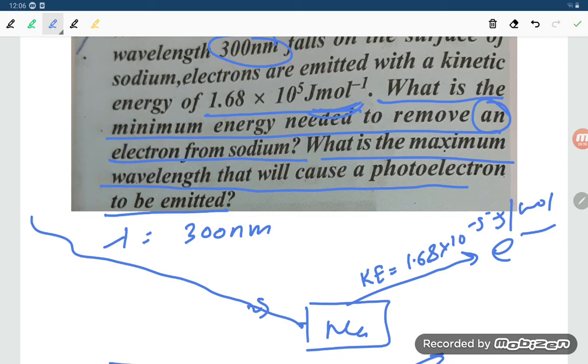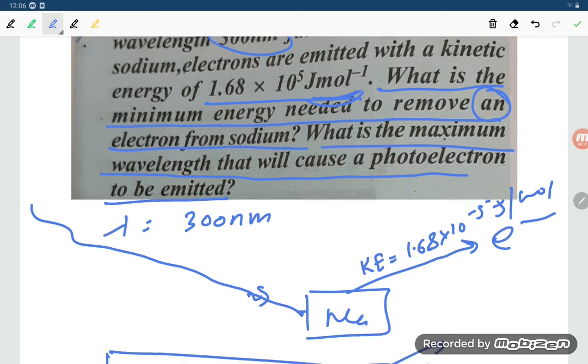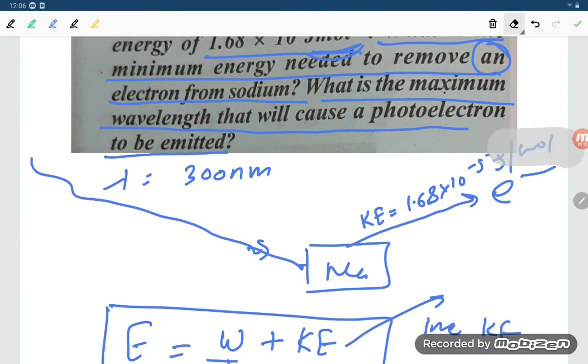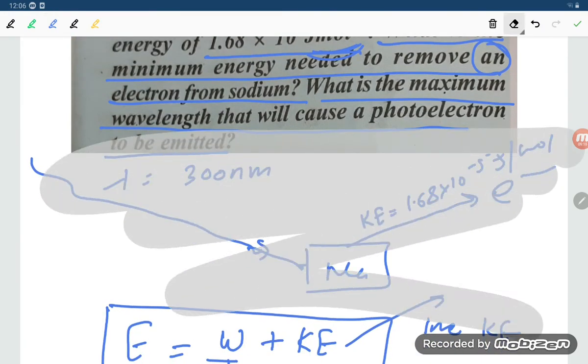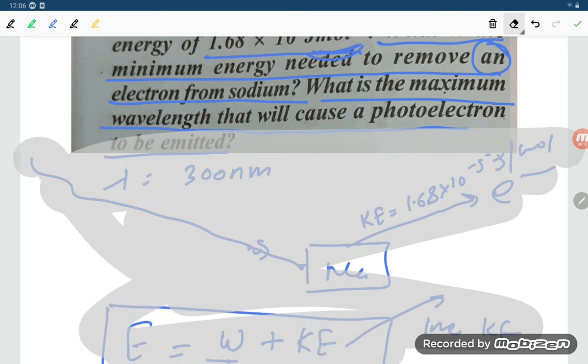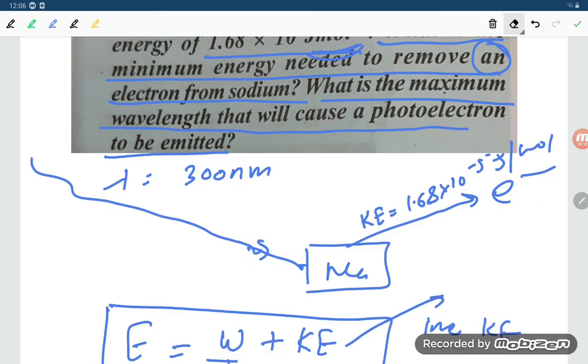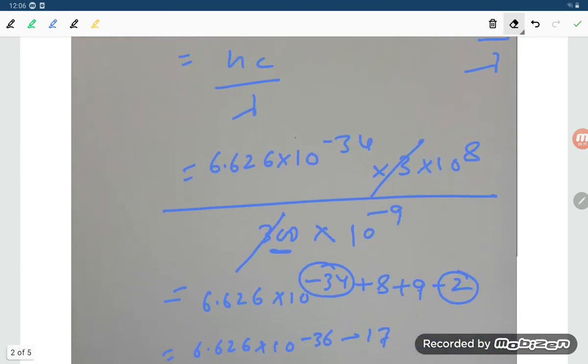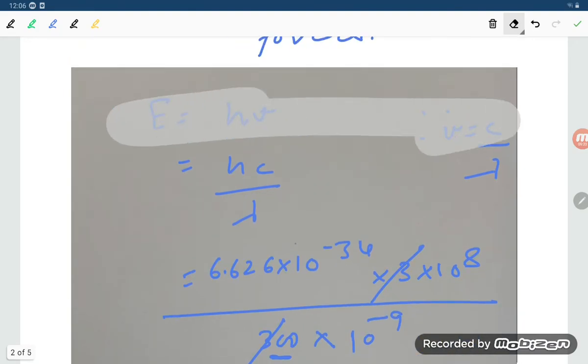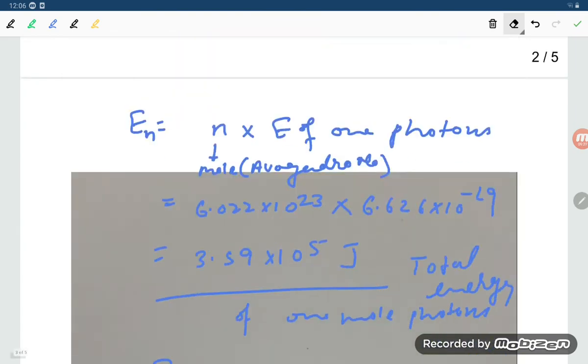What is the maximum wavelength that will cause the photoelectron to be emitted? So they are now asking for the wavelength. Let us see, student, how you can calculate it.